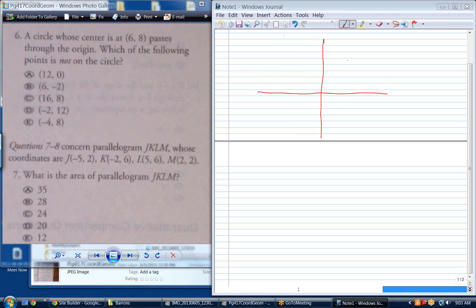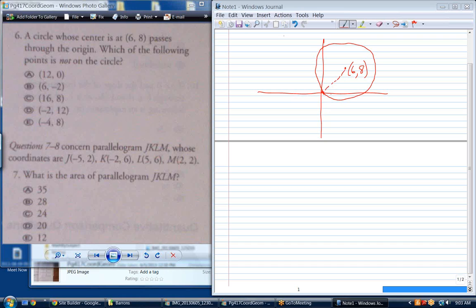Let's see, 6, 8 is the center. And it goes through the origin, so notice that the key aspect of this problem is determining the radius.